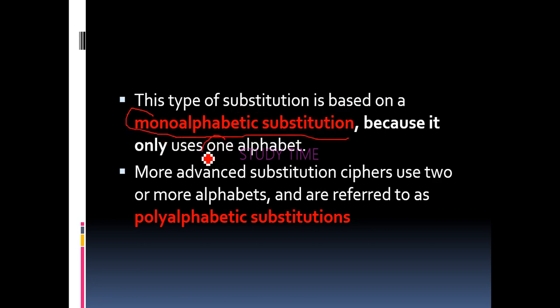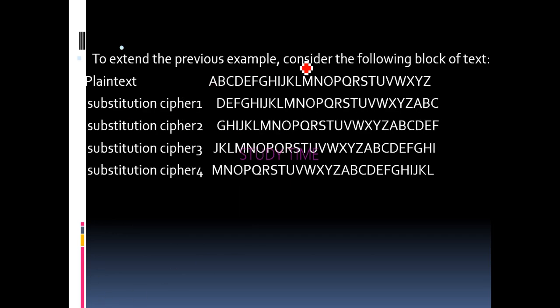More advanced substitution ciphers use 2 or more alphabets, and are referred to as polyalphabetic substitutions. To extend the previous example, consider the following block of text. Plain text of dvgijglnopkerstuvuksis. Substitution cipher 1 dvgijglnopkerstuvuksis of k.